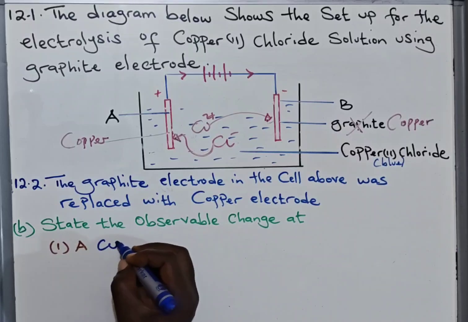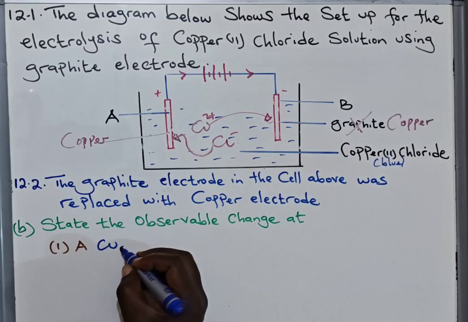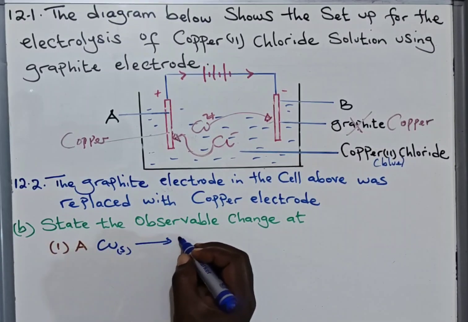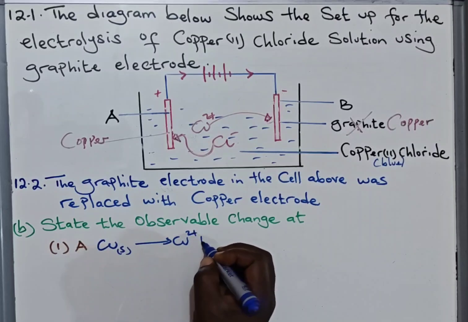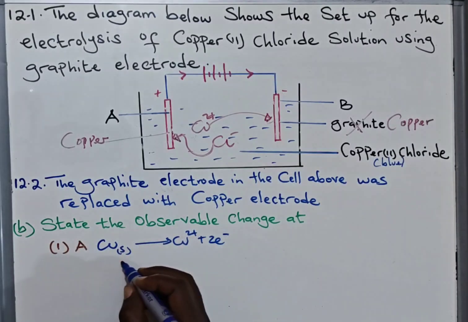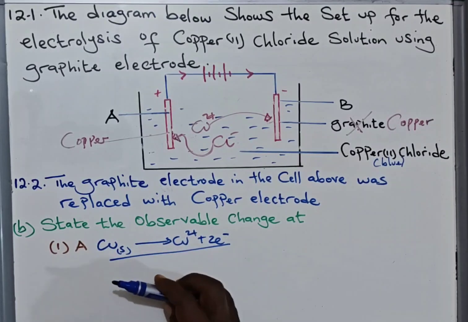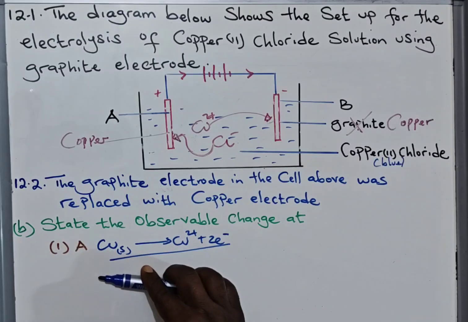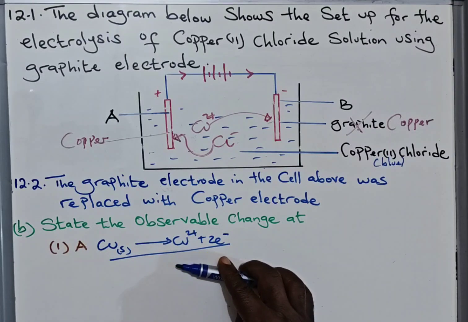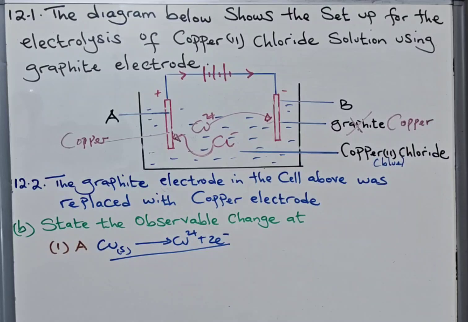It is copper solid turning into copper ions. Now I need you to know that every time you have a solid electrode turning into ions, that means that the size of the electrode decreases. And that's the observation. So what's the observation? The size of the electrode decreases.